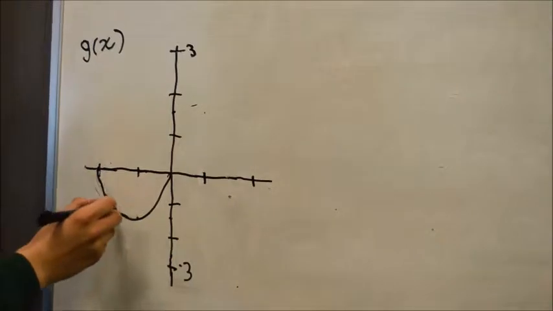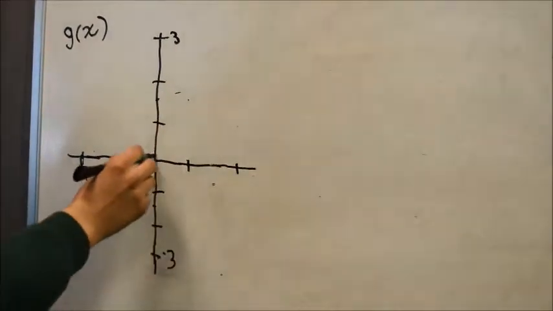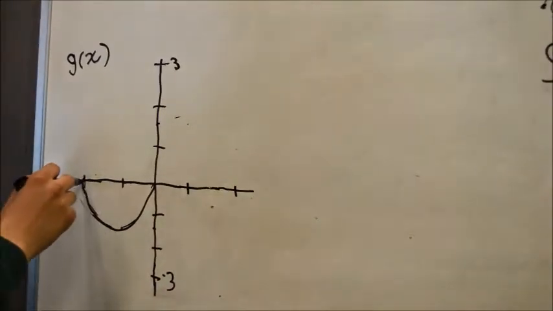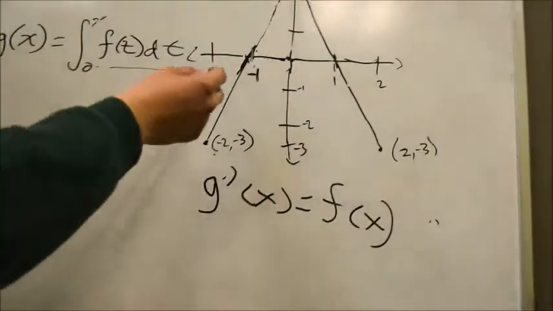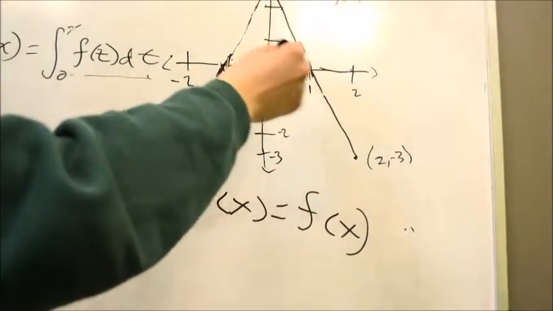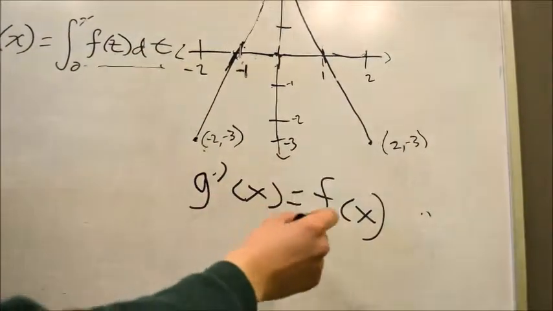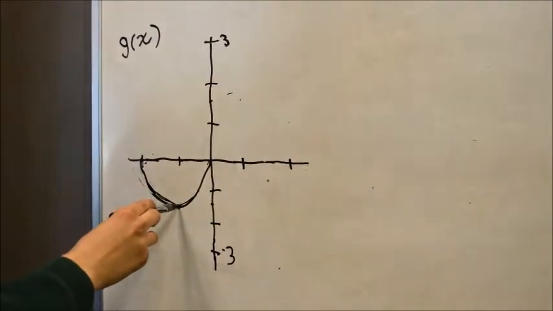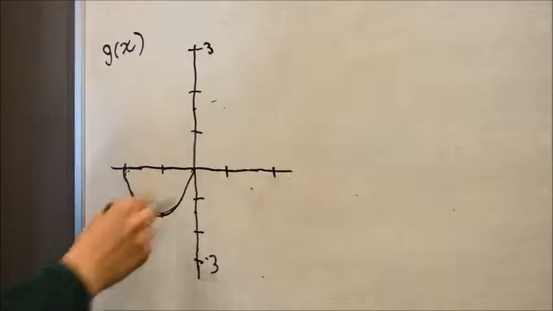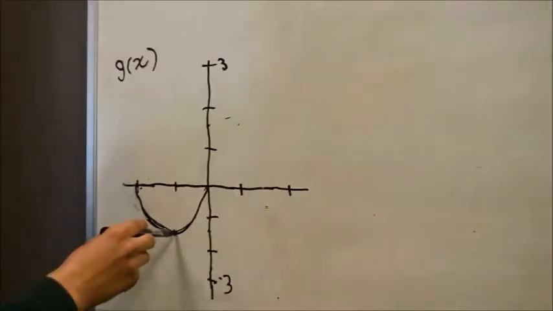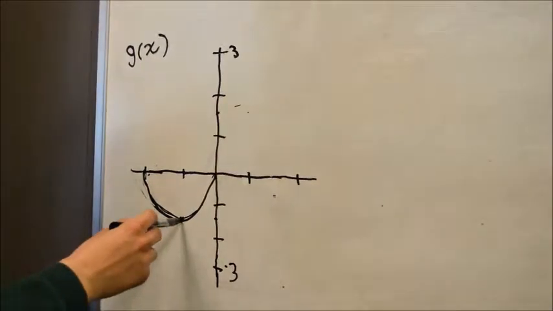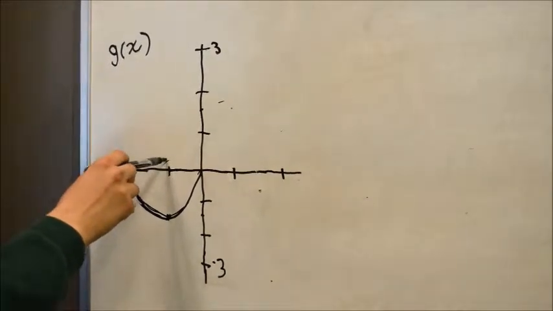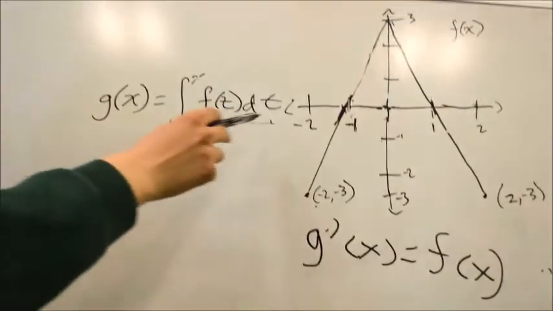So for this part, it would be like this curve, because from -2 to -1 it's decreasing, and we can see that because f of x is below 0. So it's decreasing from here, and from this point it changes to increasing. To know where to draw this point, it would be 1.5, because you just plug -1 in here to get 1.5.